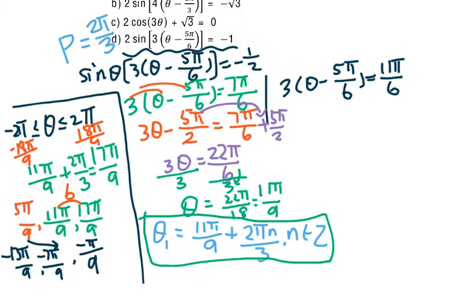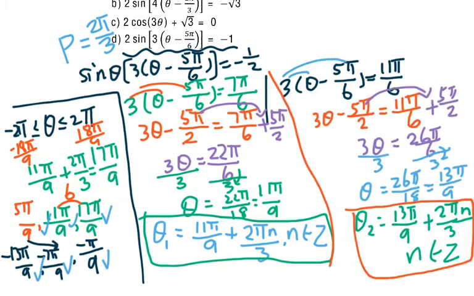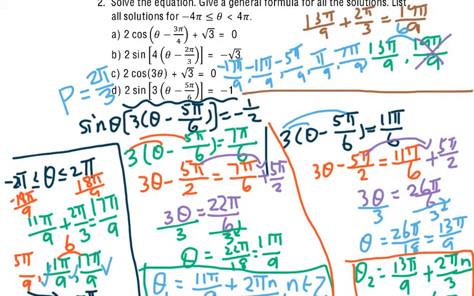This will be the answer, like 1, 2, 3, 4, 5, 6. Yeah, this is the answer for theta 2. It's 13 pi over 9 plus 2 pi times n over 3. N is all integers. And if you want to list all angles between negative 2 pi to 2 pi like this, then it will be your answer, like 1, 2, 3, 4, 5, 6.